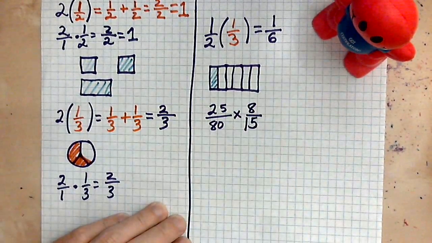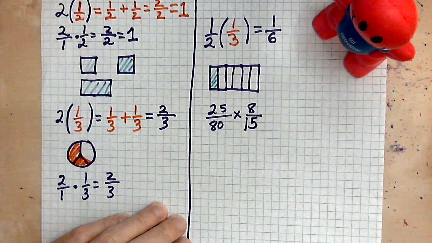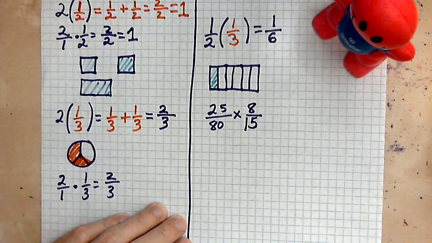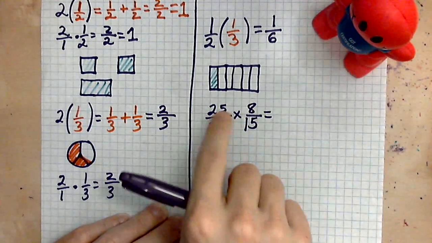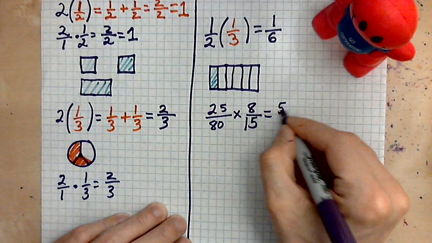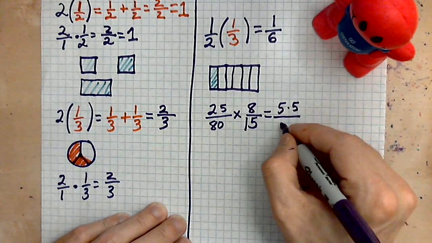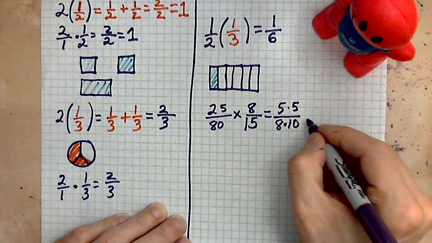So before we do anything else, what you want to do is rewrite these numbers so as to show all of the common factors that you can find, and then cross them off. So let's take a look. The 25 you can write as 5 times 5. The 80 you can write in so many ways, but we can also write it as just 8 times 10, because then the 8's can be crossed off.